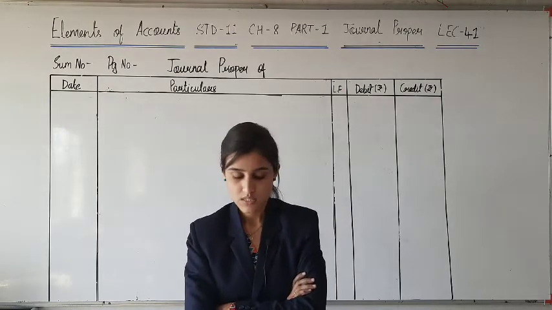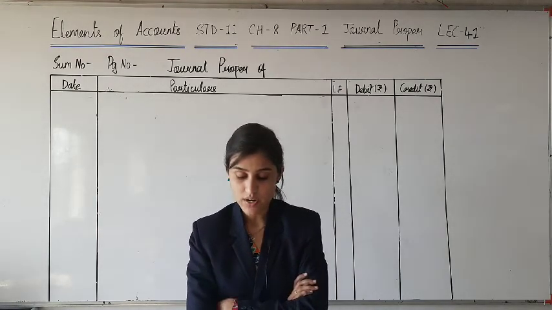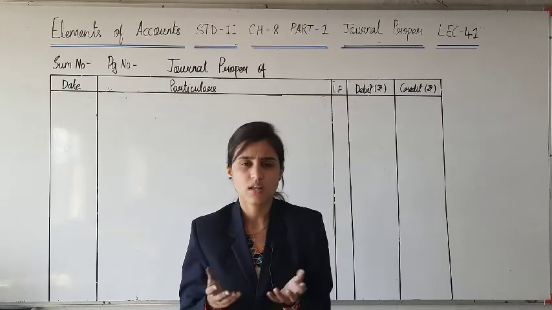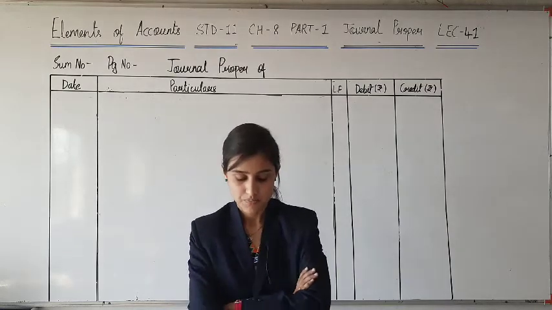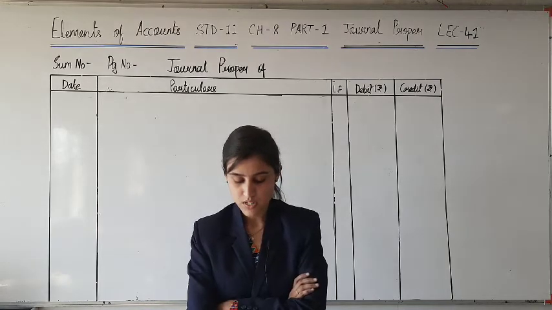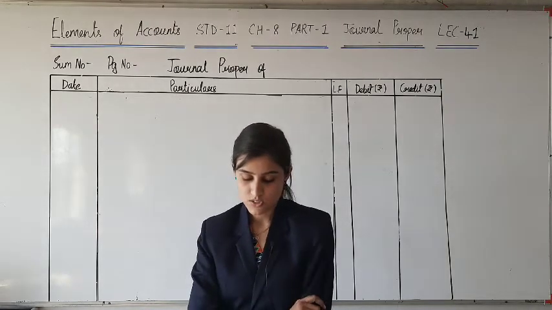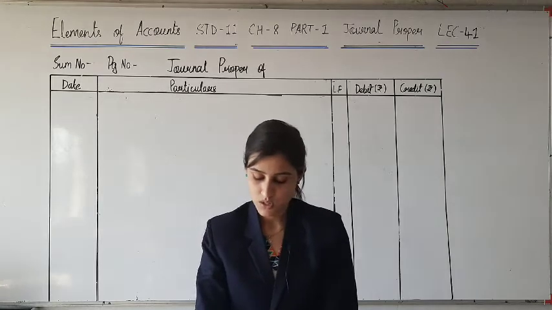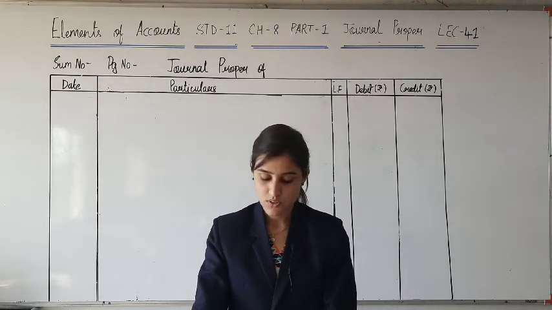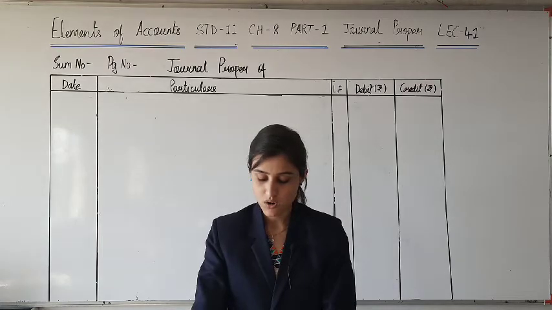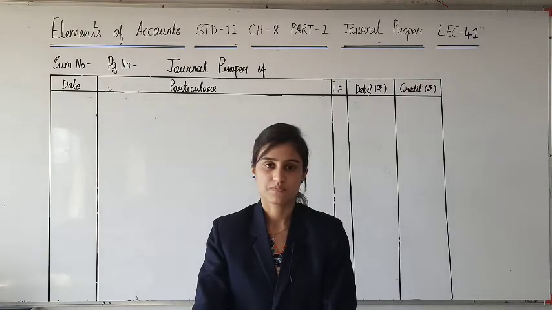Obviously, yes, many transactions are recorded during entire accounting year and there are chances that errors will occur. For certain types of errors, journal entries are to be passed for rectification and such entries for the rectification of error are recorded in the journal proper.